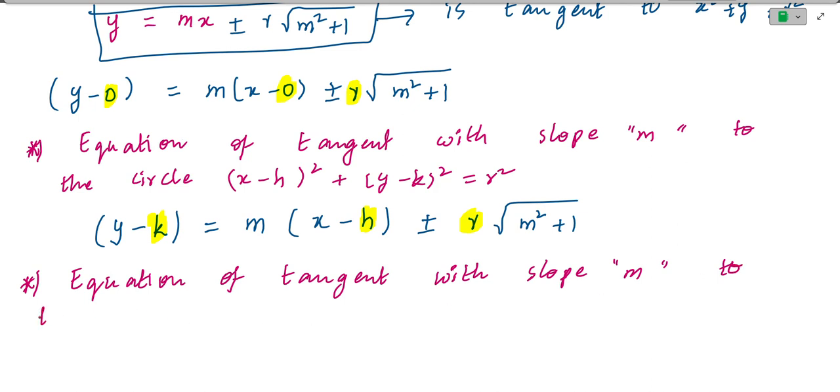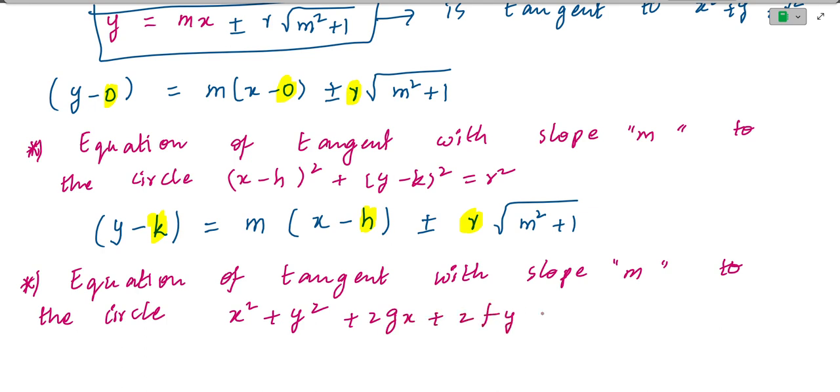So I'm taking the general circle equation here, that is x square plus y square plus 2gx plus 2fy plus c is equal to 0.